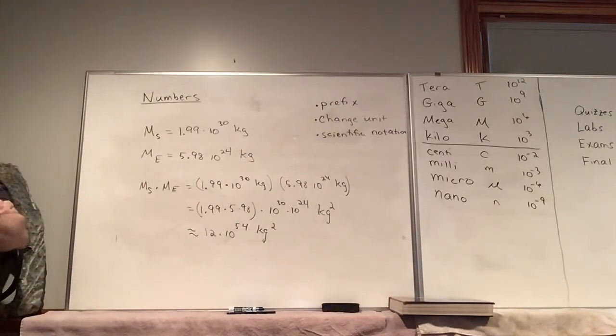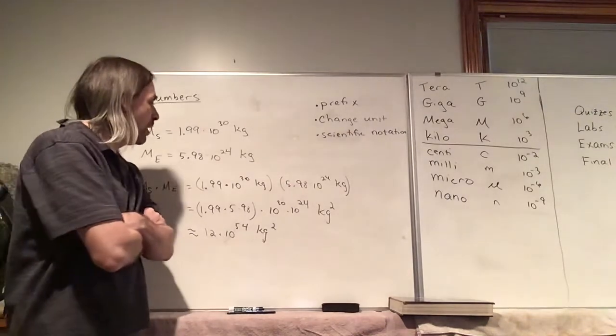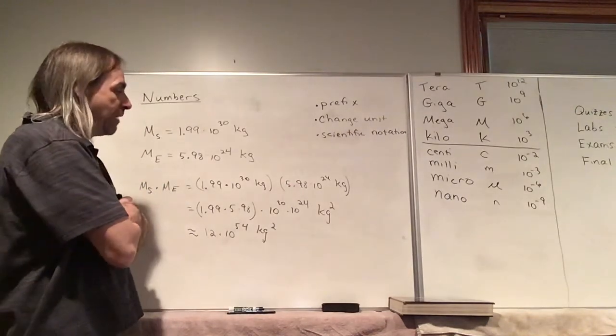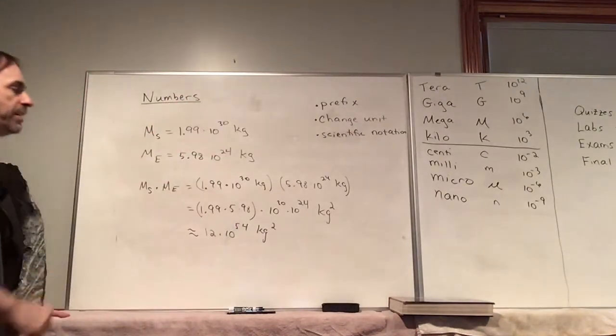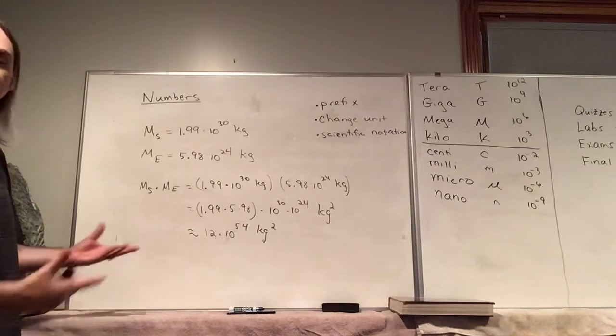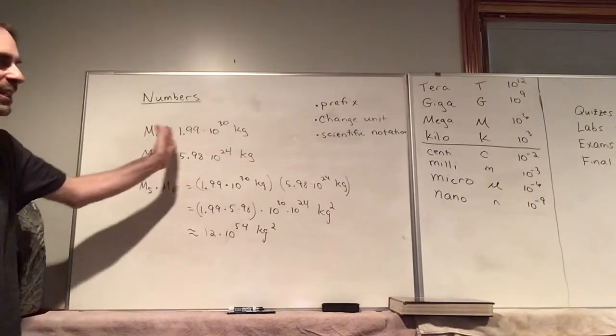And so working with scientific notation is really nice mathematically. That's another big advantage. Even without writing it all out, you could almost do this just in your head. 2 times 6 is 12. So it's 11.9 something.